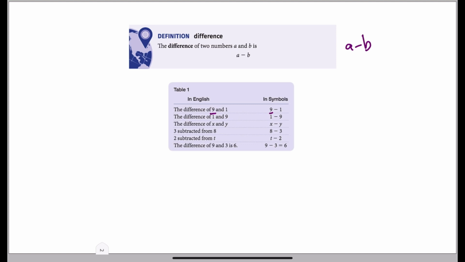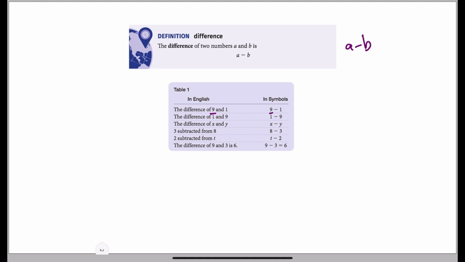3 subtracted from 8. It lets you know the 3 is coming away from the 8. When you go away from something, you actually start at that thing. You start at the 8 and you take away from it. So in this case, the order is reversed whenever you see subtracted from, because from lets you know I'm starting from the last place I mentioned.